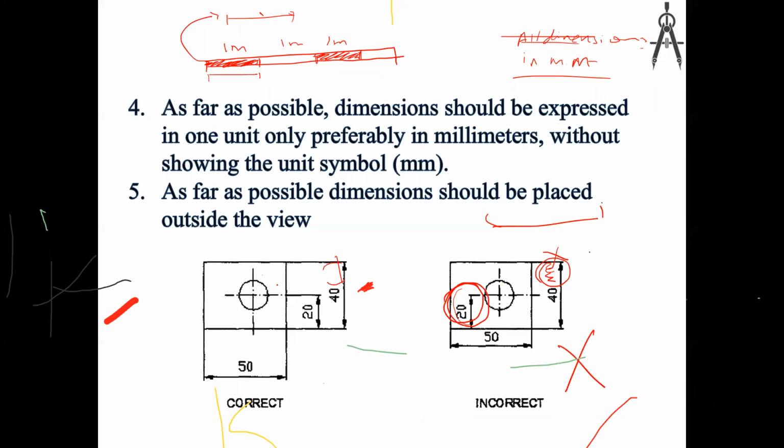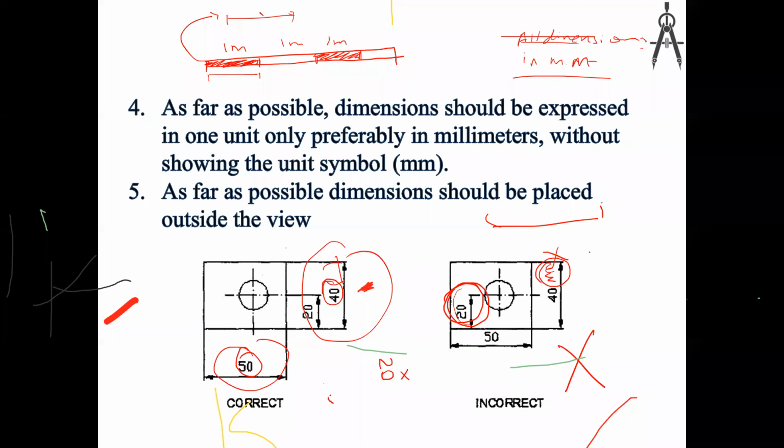As much as possible you have to write all the dimensions outside the view. And you can only write in these two directions: vertically this direction, horizontally this direction. You can't write 20 like this.